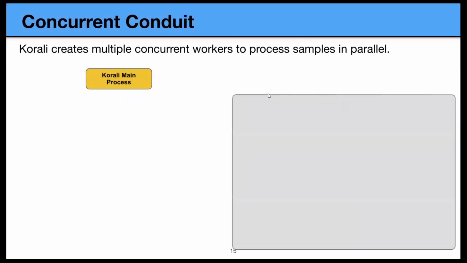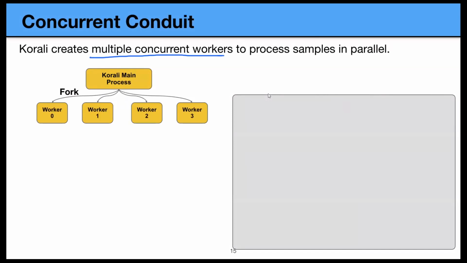So for the first steps to parallelize your Korali applications so that they take 5 seconds instead of 40, you may want to start with the concurrent conduit. And with the concurrent conduit, Korali creates multiple workers, all working in parallel. Each one will be assigned a set of samples.